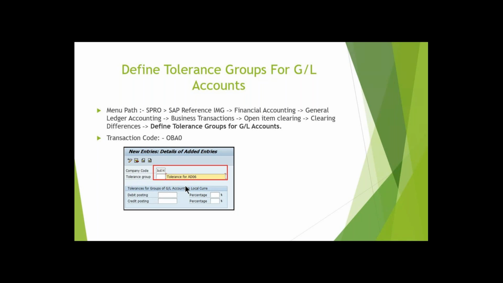So for all that I'll create one group. In that I can represent the general ledger transaction, whatever I do, I'll create a tolerance group for that particular code. The same thing here is for the line item, that is debit posting and credit posting. I'll give that. Understood?